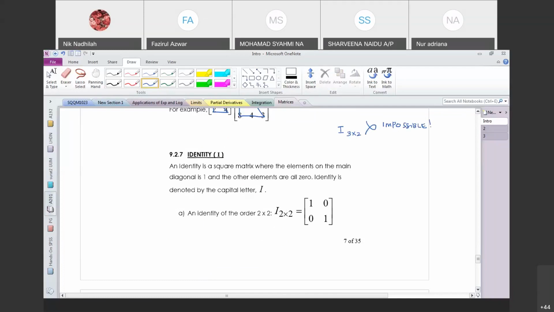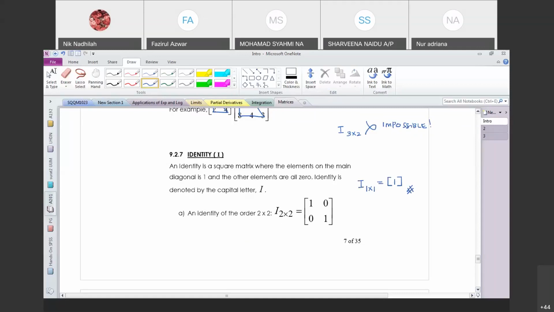It must be a square matrix, either 2 by 2, 3 by 3, 4 by 4, and so on. You can even have a matrix of order 1 by 1, which is simply this matrix. Okay, this is the value 1.